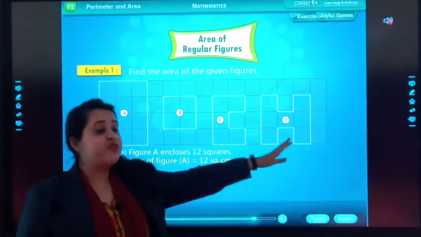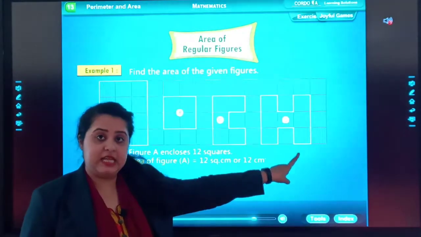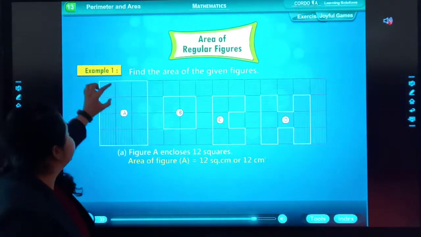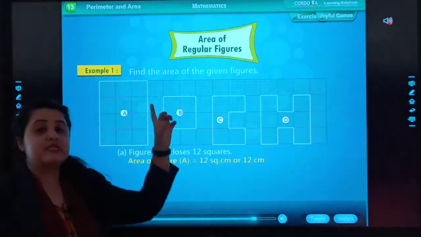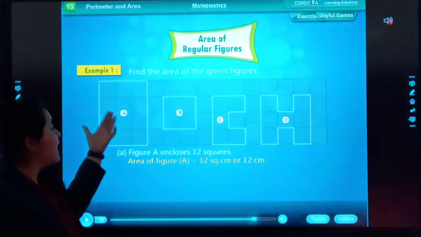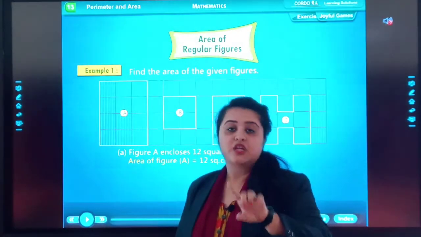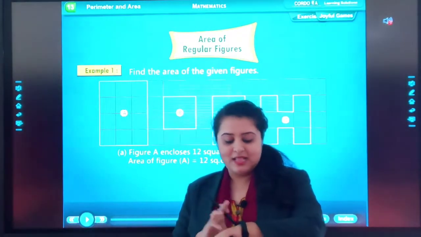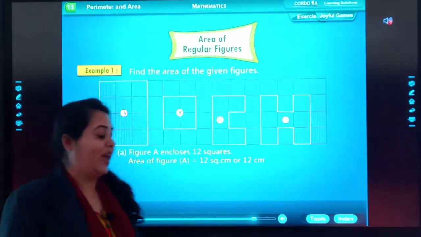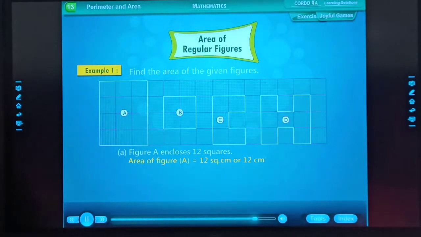In this we have 4 figures, A, B, C, D. We know that 1 box equals 1 centimeter. So मैंने देखा A figure के अंदर कितने boxes यूज किए गए हैं? 12. So I will be writing 12 centimeter square, or 12 centimeters square.